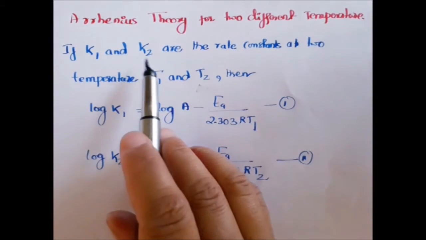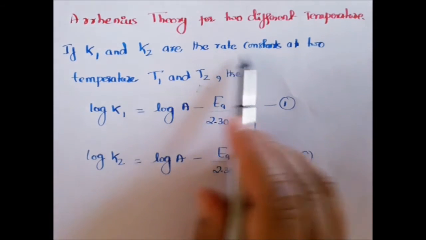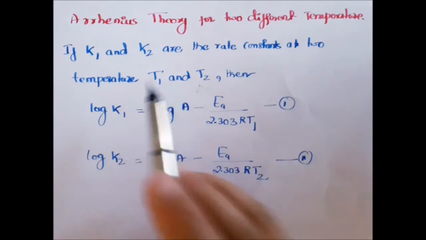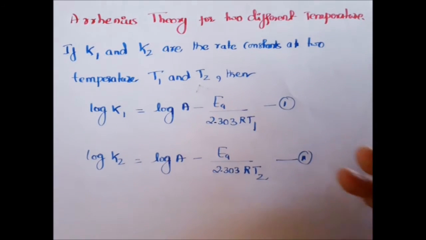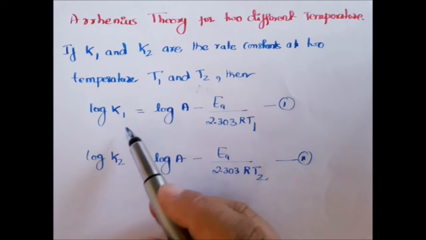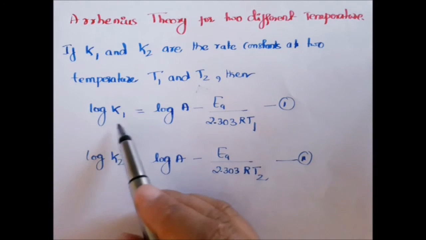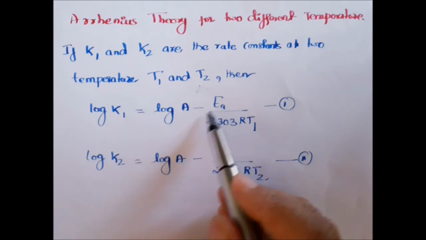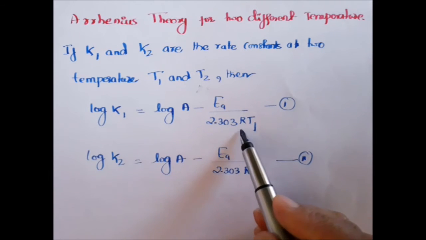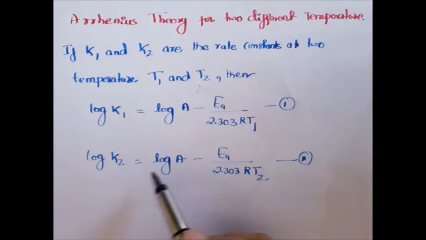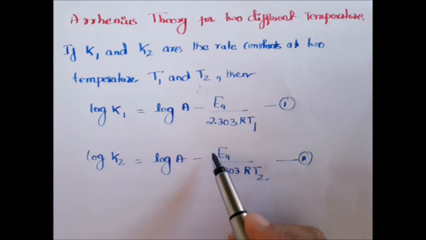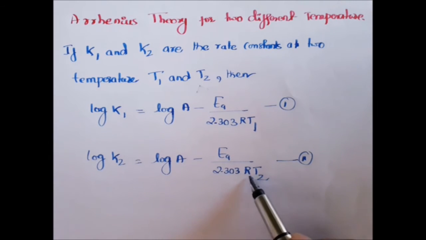So let K1 and K2 be the two rate constants at two different temperatures for a given reaction. According to the Arrhenius theory, log K1 becomes equal to log A minus EA by 2.303 RT1, and log K2 becomes equal to log A minus EA by 2.303 RT2.